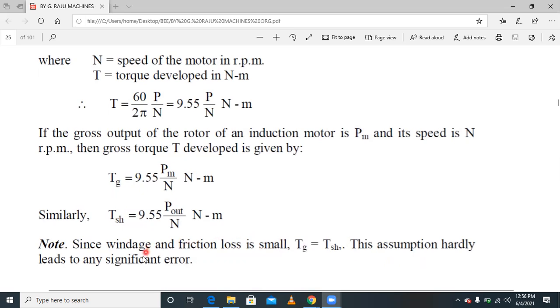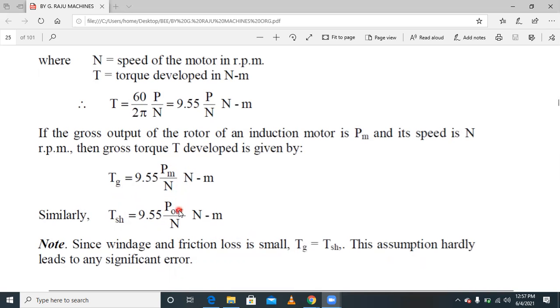This assumption hardly leads to any significant error. Windage and friction losses are always present in an induction machine, so TG is approximately equal, but not exactly equal, to TSH. The mechanical power developed is not equal to the power output. Mechanical power developed minus windage and frictional losses is nothing but the output power.